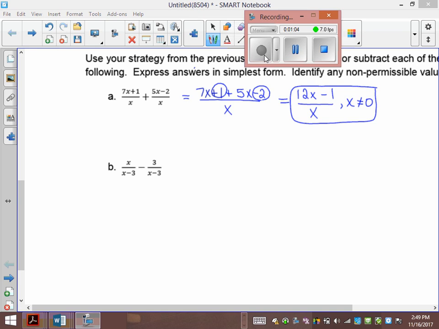How would this question change if I had a minus sign in between? There's an extra step that everyone messes up, though, if I had a minus sign in between. What would happen?